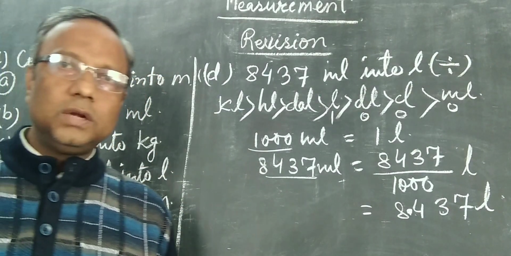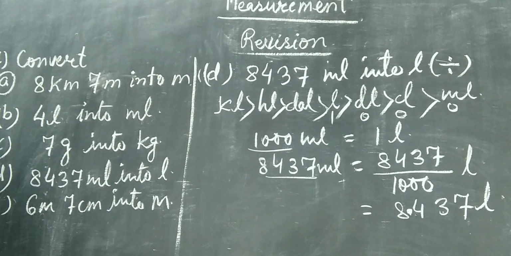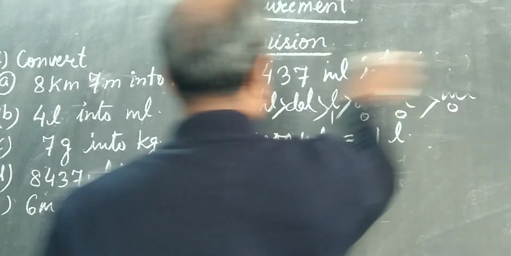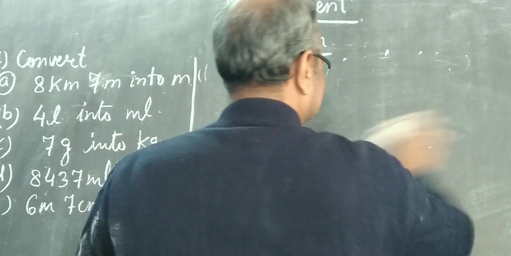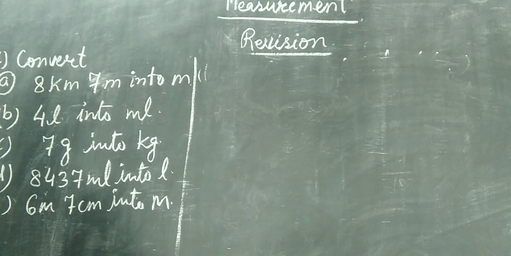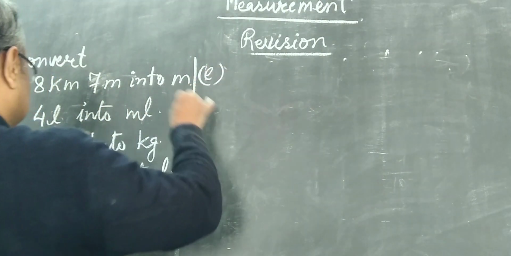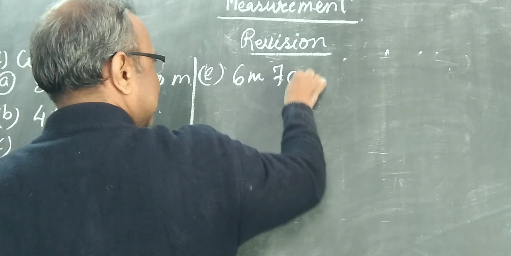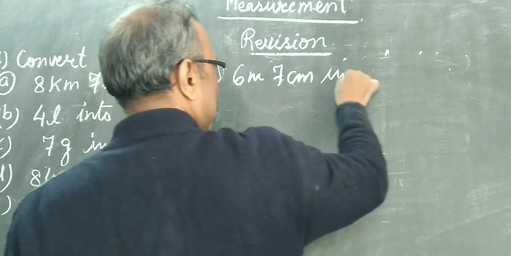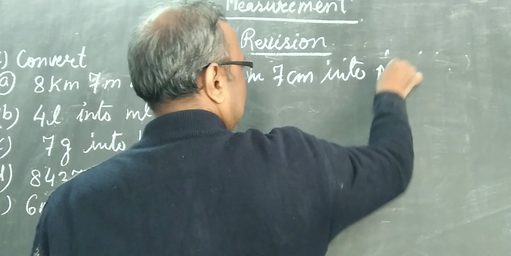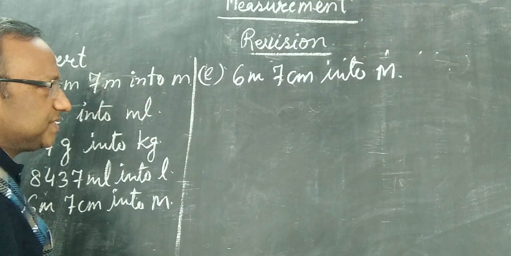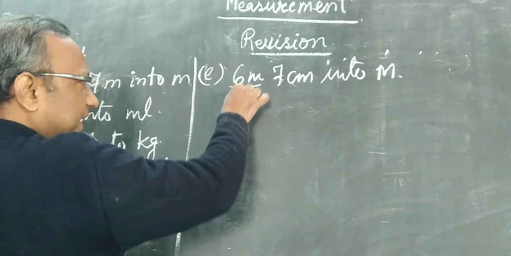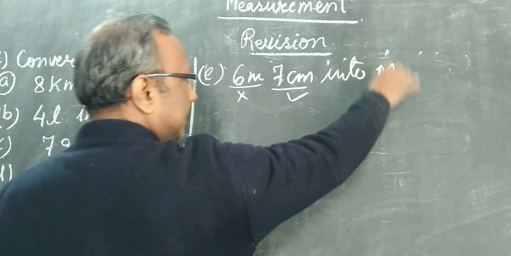Now take one more example, the last one. Now 6 meter 7 centimeter into meter. Now see boys, we have to convert into meter. The meter part is already in meter, we only have to convert 7 centimeter into meter.